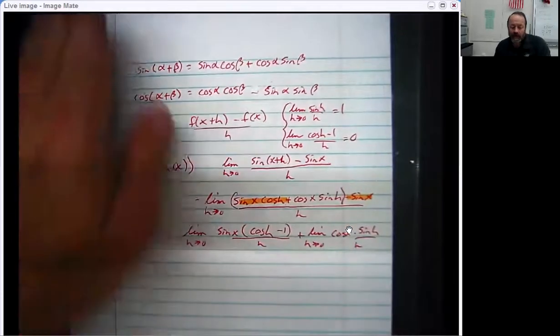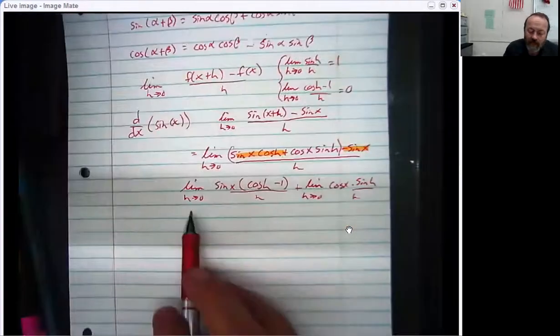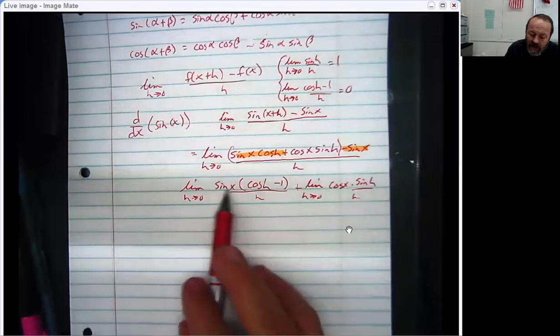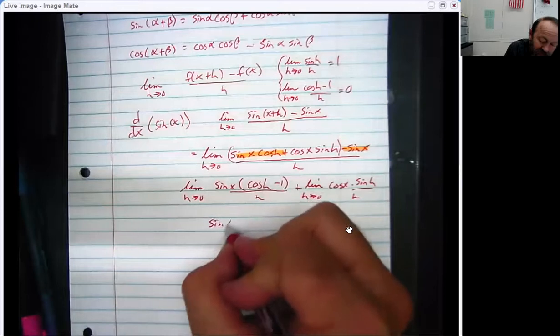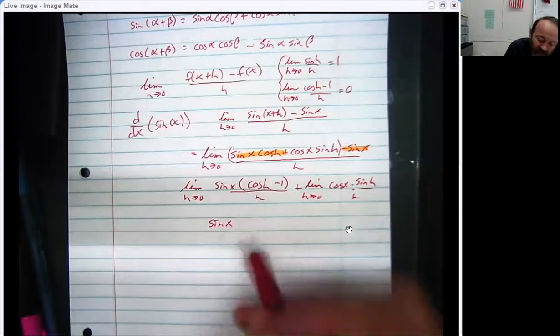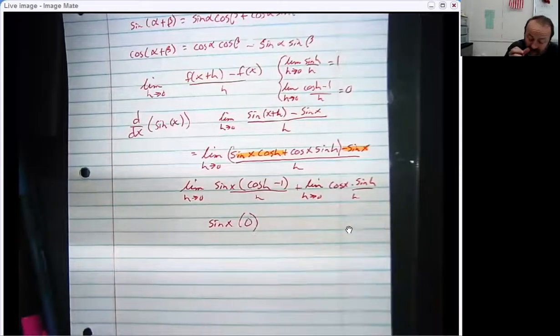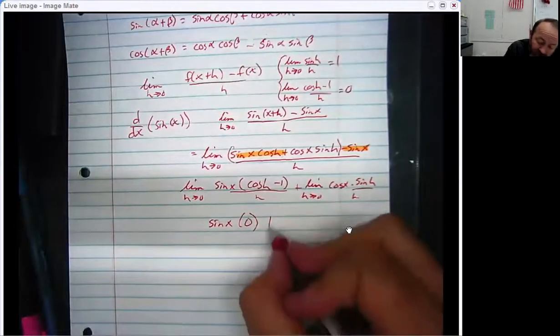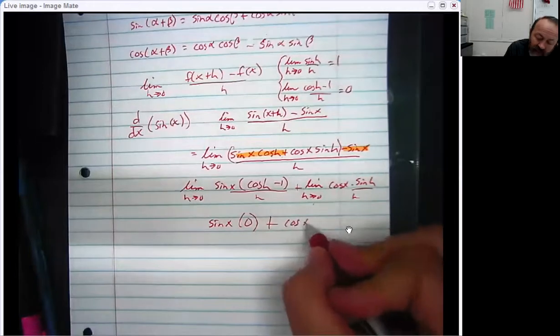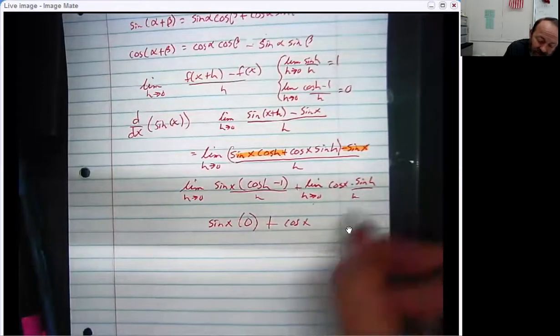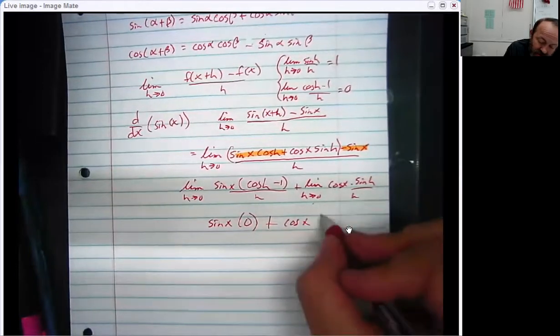Well, using that information right here, again, noticing that there is no h here, the limit does not affect the sine because that's just sine x. This value right here is 0. And then over here, the limit doesn't affect the cosine because there's no h in it. But the sine of h over h under its limit as h goes to 0 is 1.